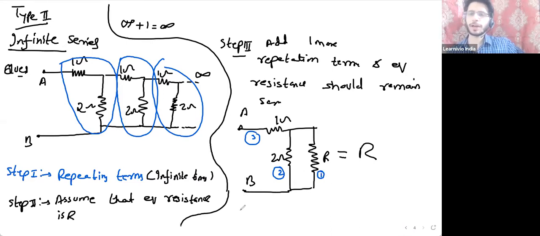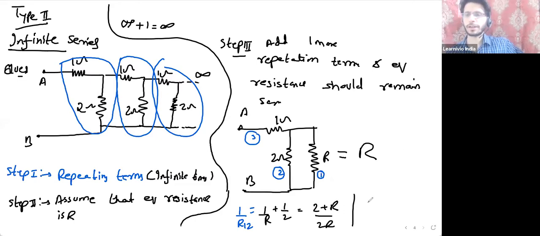So 1 and 2 are in parallel, so 1 by R12 is 1 by R plus 1 by 2, which will be 2 plus R by 2R. So I can write R12 as 2R by 2 plus R. That's a very common mistake while solving parallel combinations, that you don't take the reciprocal. Take the reciprocal always. It will be 2R by 2 plus R.